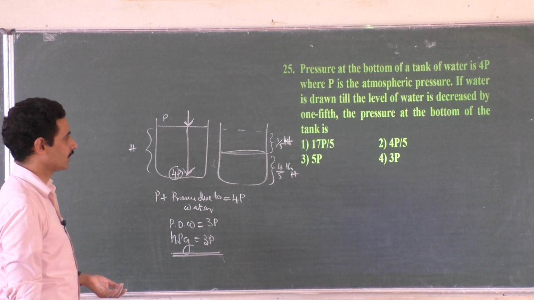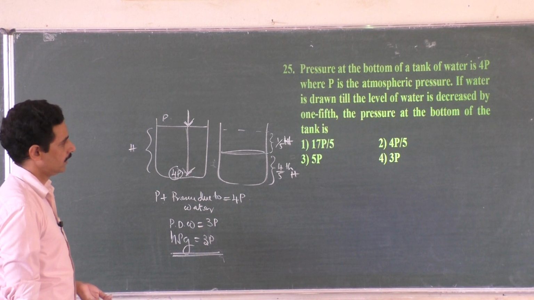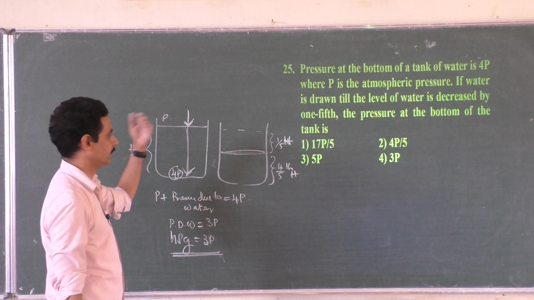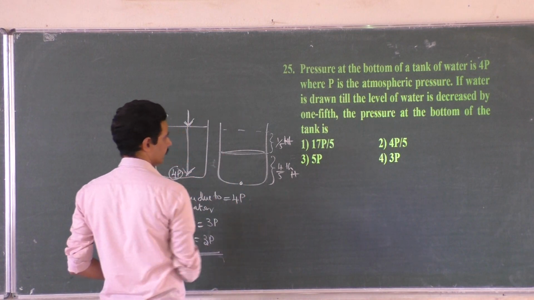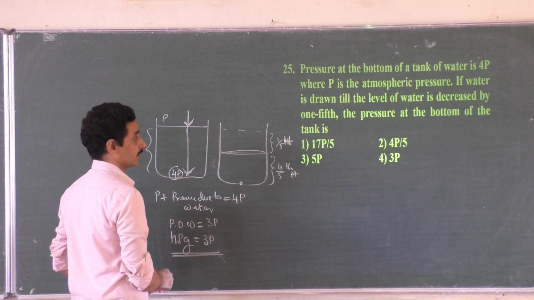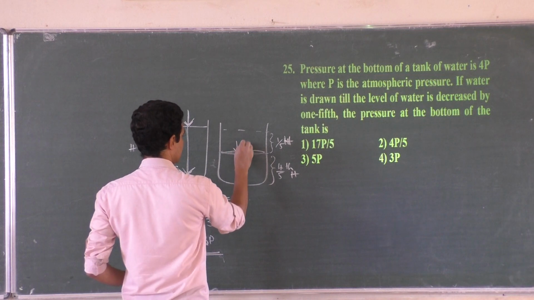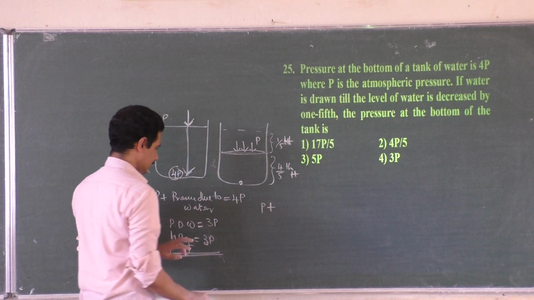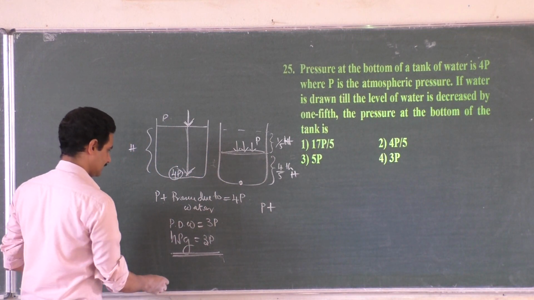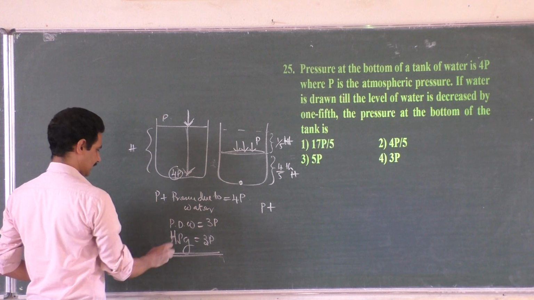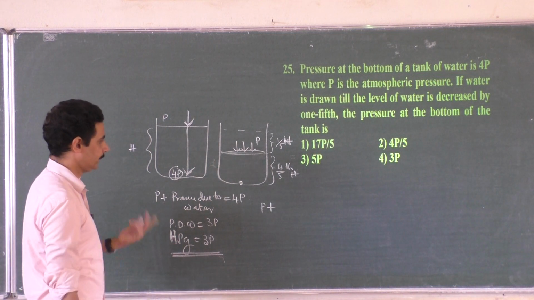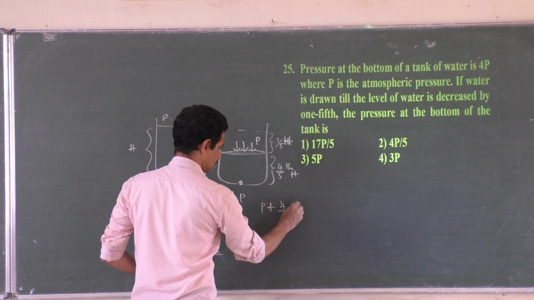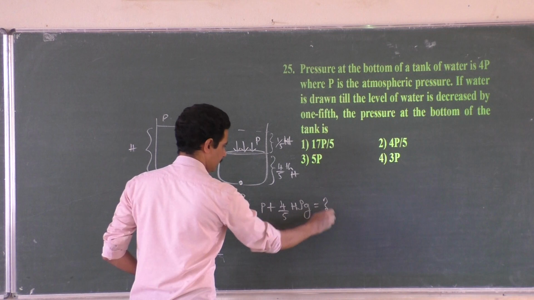Then if water is drawn to a level decreased by 1/5, what is the pressure at the bottom of the vessel? So now here, they are asking for the total pressure. Atmospheric pressure remains the same, P. Now, P plus H rho g. I have to write this H as capital H rho g because the total height is H, right? Which H now? 4/5 of H rho g. Got it now?